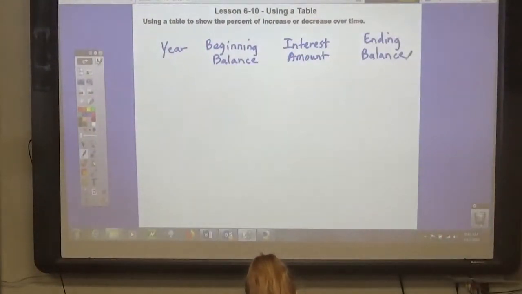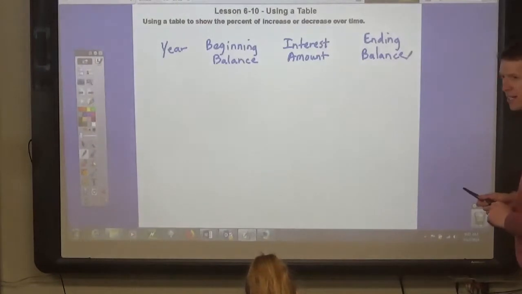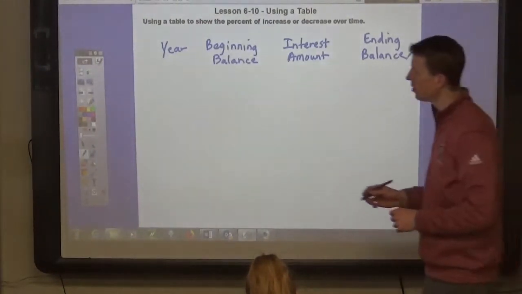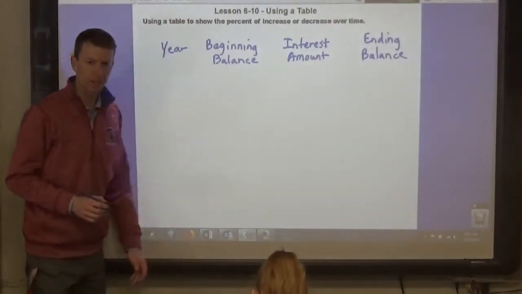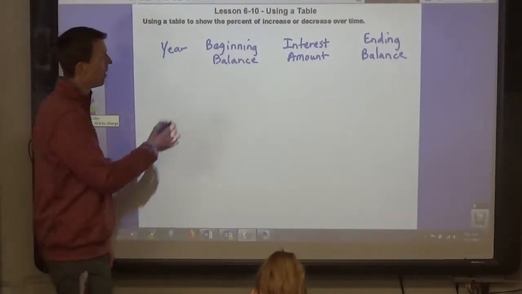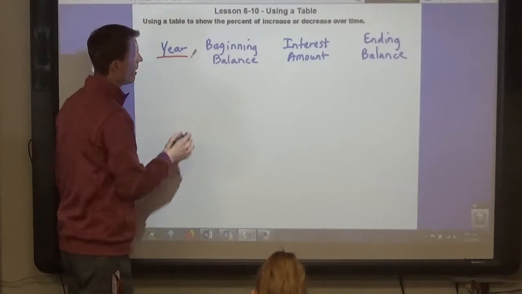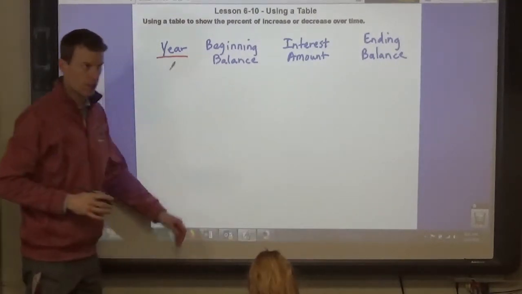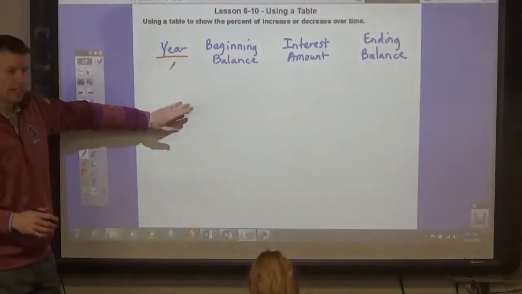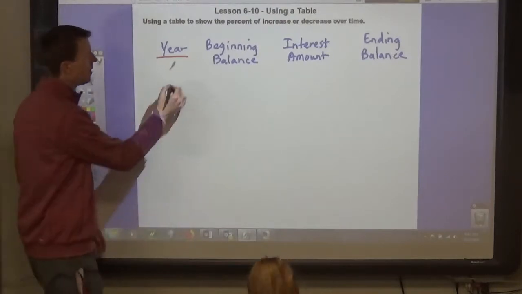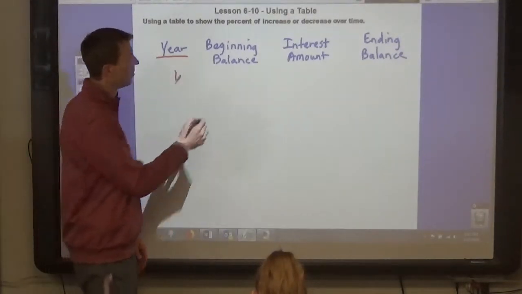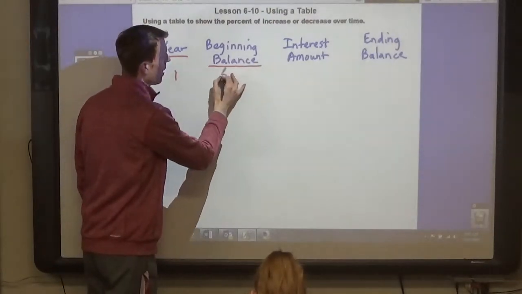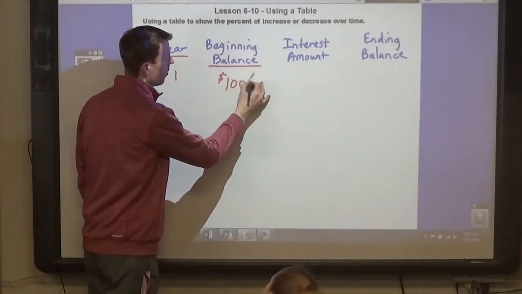Let's say that you deposit $1,000 into a savings account. Okay? So this is year. Let's say that we'll keep this in terms of how many years it's been in the account. So in year 1, in this first year, you put in $1,000 into a savings account.